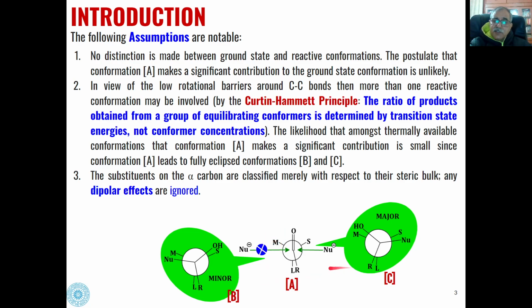So that is how the predominant formation of this product is given by Cram's rule.